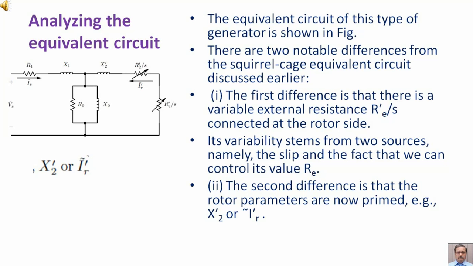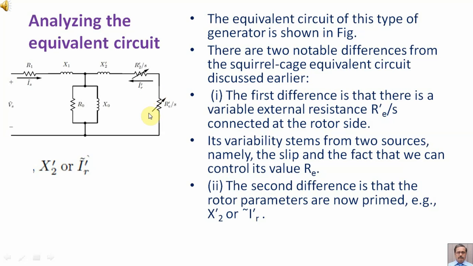There are two notable differences from the squirrel cage equivalent circuit discussed earlier. The first difference is that there is a variable external resistance R'_E divided by S connected at the rotor side.